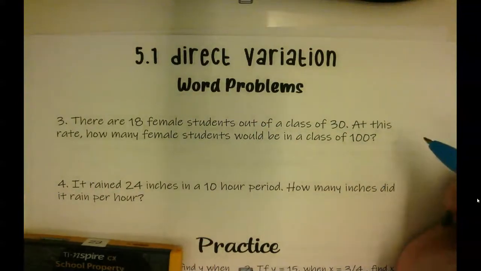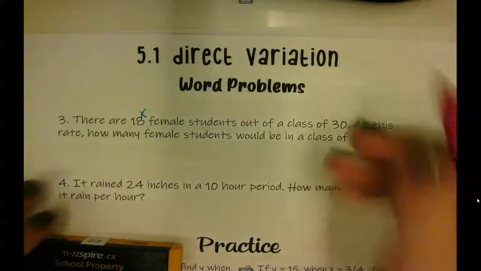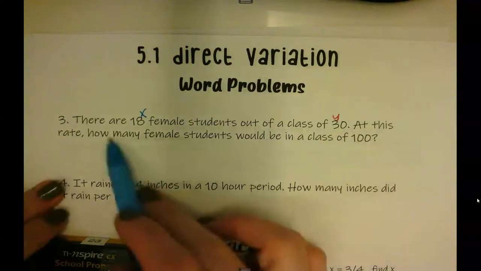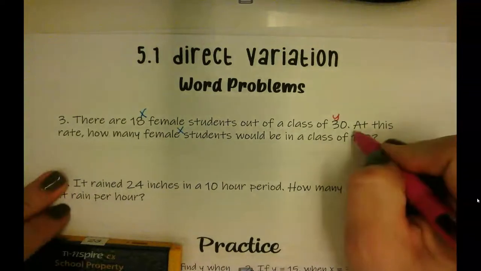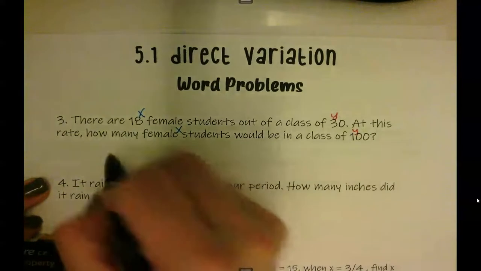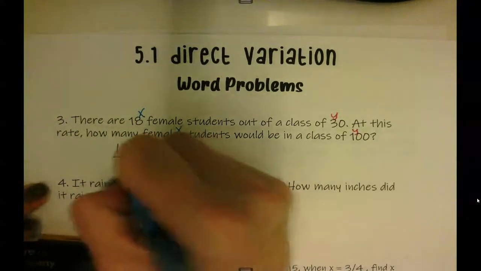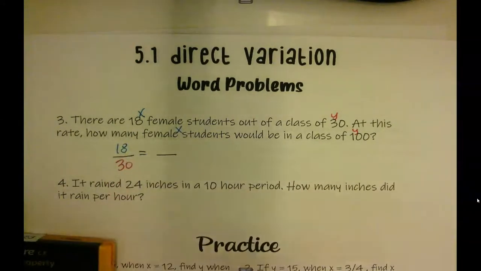So I'm going to go ahead and just say my number of female students is X out of my total students, Y. So then we want to know how many female students, that's our unknown X, in our class of 100 total, Y. So we've got 18 over 30 equals X over 100.